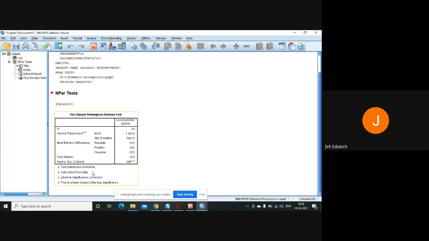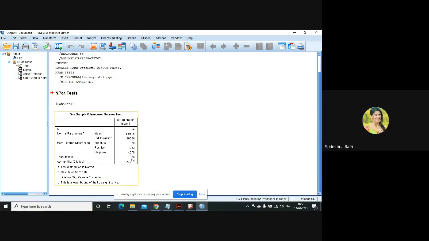Yes, please. So it is normally distributed because it is 0.07, I believe. So what is the thumb rule for the test statistic? It's 0.07, so what should it actually be? Yes, okay, it is normally distributed.